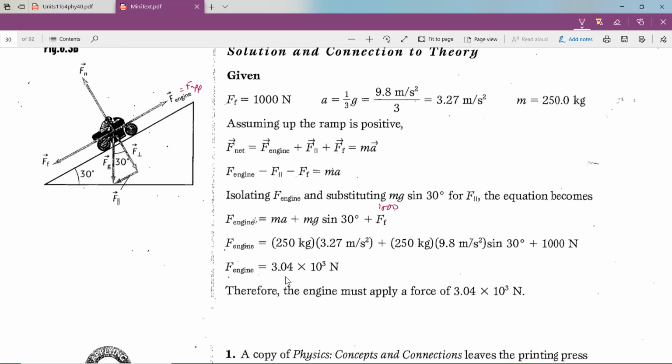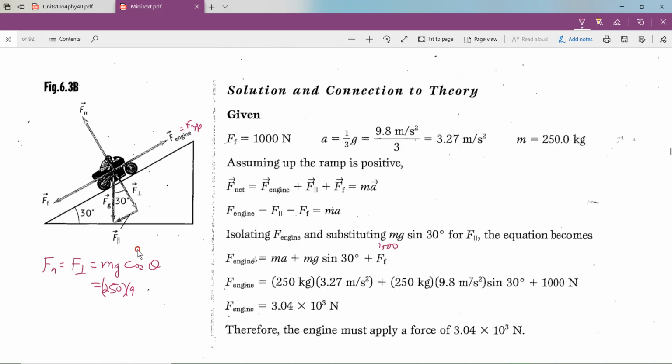So I get 3.04 times 10 to the 3 newtons. So that's the applied force of the motorcycle engine to go up at 3.27 meters per second squared. Now let's do a bit more here. Let's get the coefficient of friction, because I know the normal force is the same as the F perpendicular, so it's mg cos theta, so 250 times 9.8 times the cosine of 30 degrees.